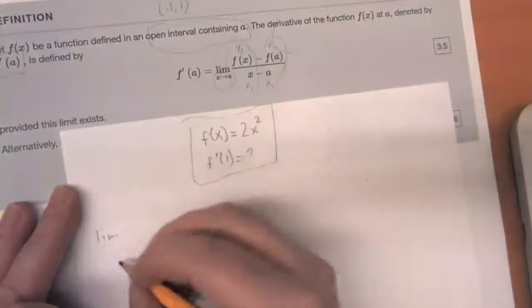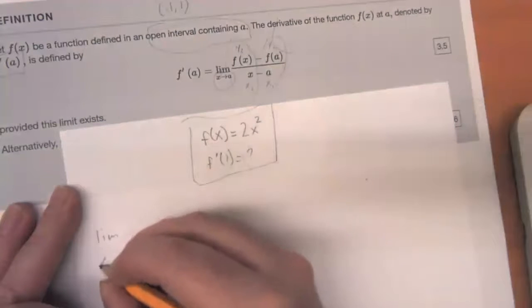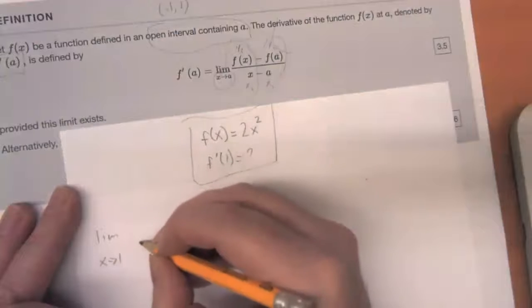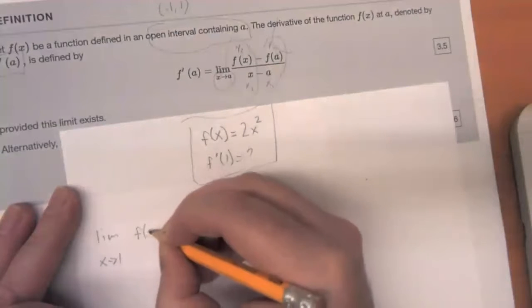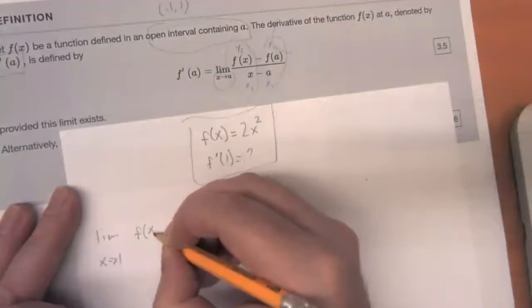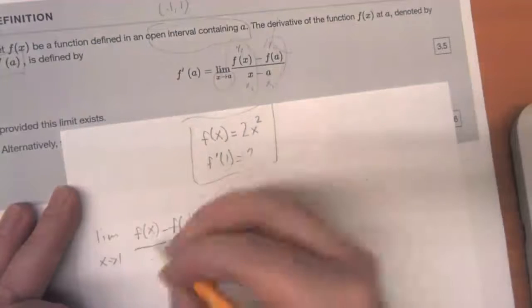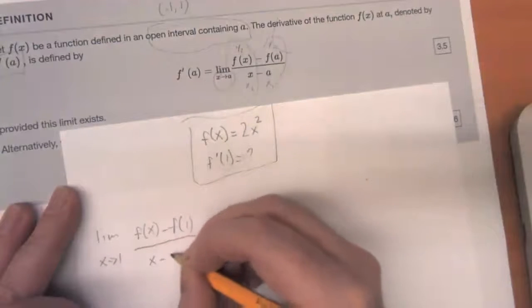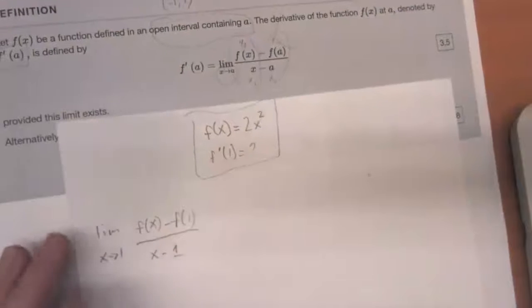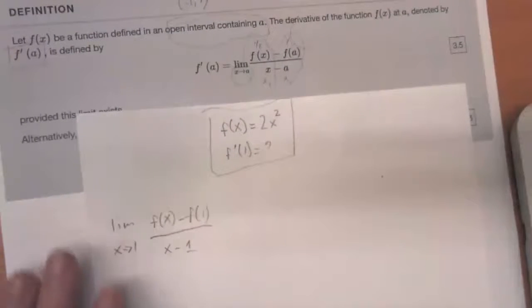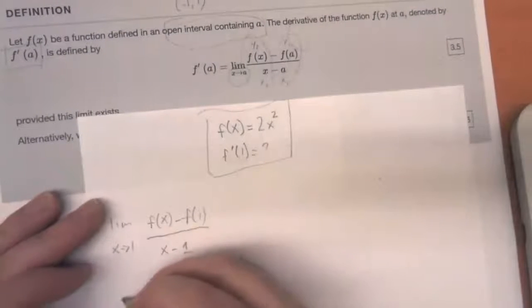Same starting point. We want to start with the limit as x approaches 1 of f of x minus f of 1 over x minus 1. We're going to substitute our values into the function.